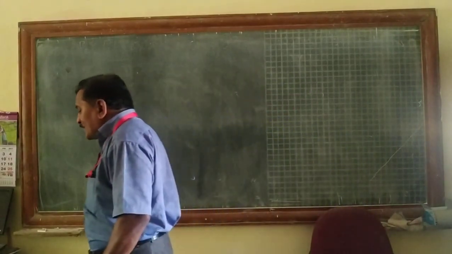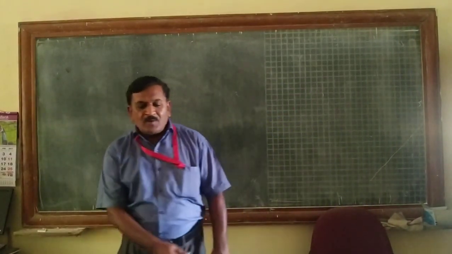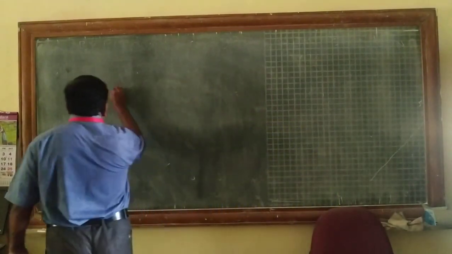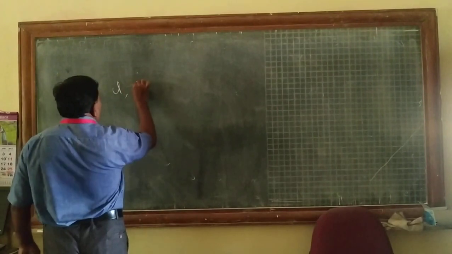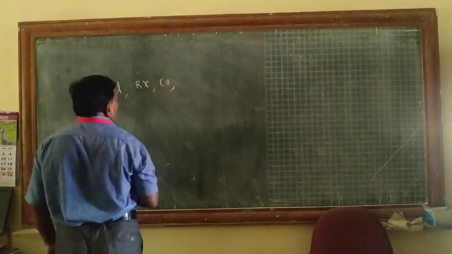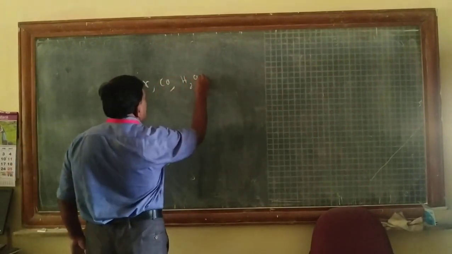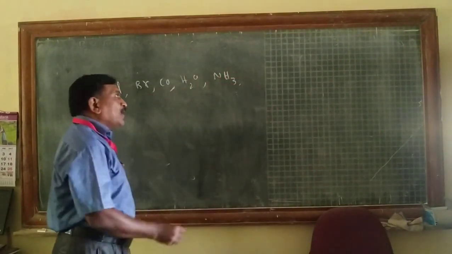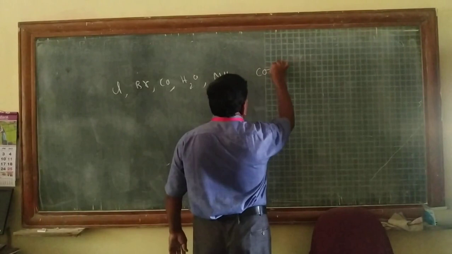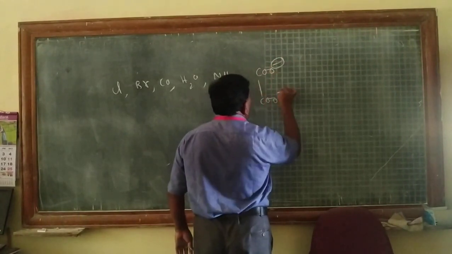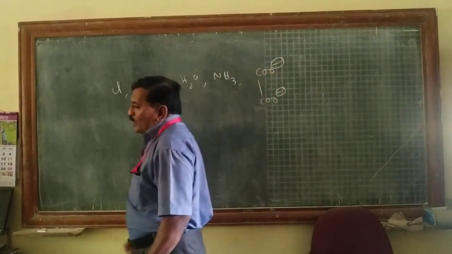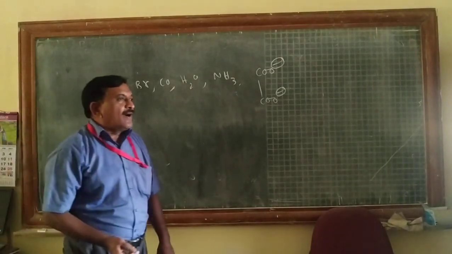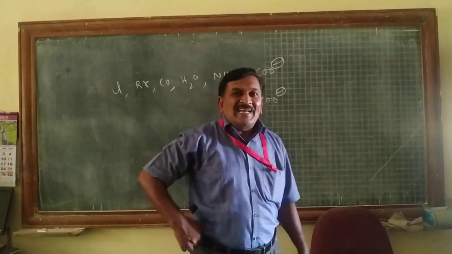The ligands are things like chloride, bromide, carbon monoxide, water, ammonia, and the oxalate ion, COO minus single bond COO minus.